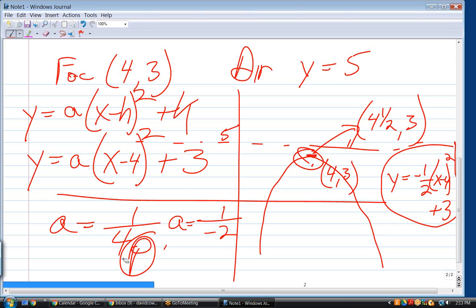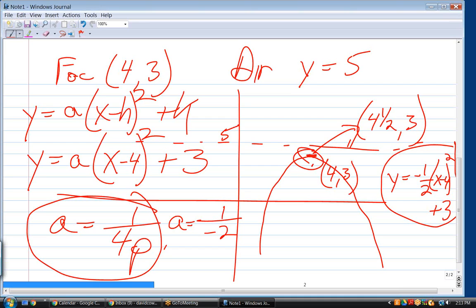In your orientation, this is the most important thing to remember right there. a is equal to 1 over 4p, where p is the distance from the vertex to the focus, which is, in this case, 1/2.